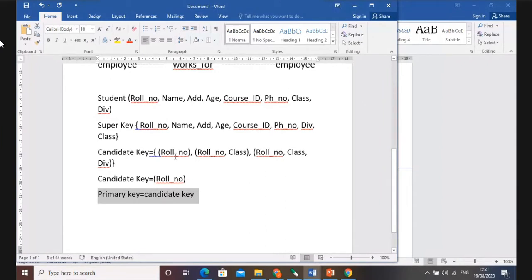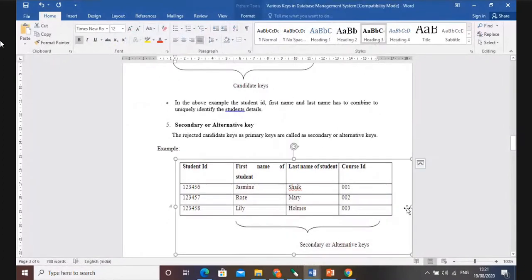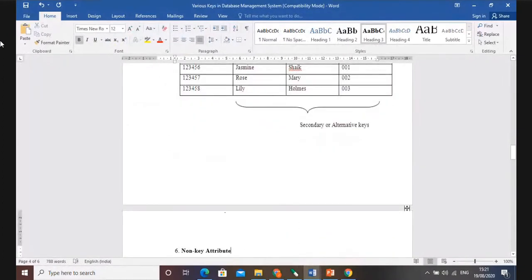Out of these, suppose I select roll number as my primary key. Now these two I have not selected as a primary key, but they were candidates for my primary key. So these two are known as the alternative keys, or rejected keys.